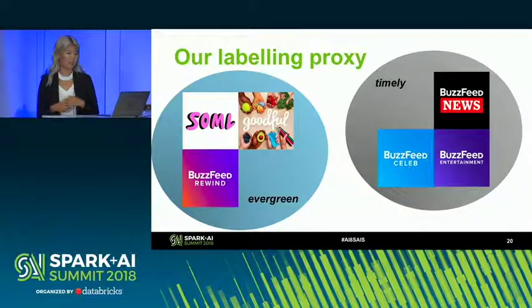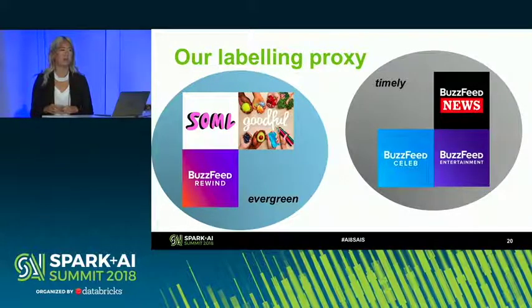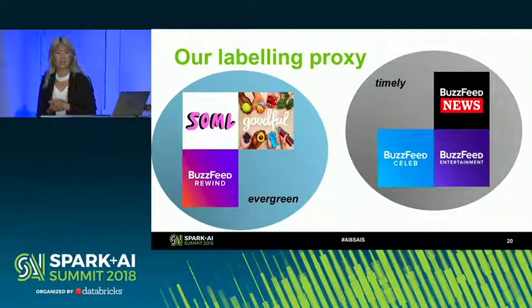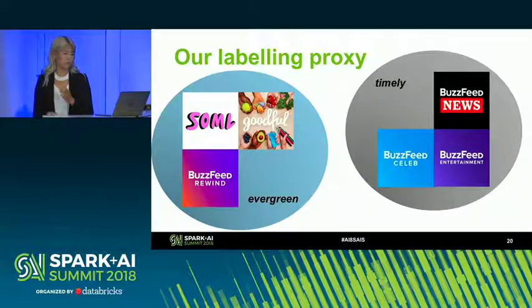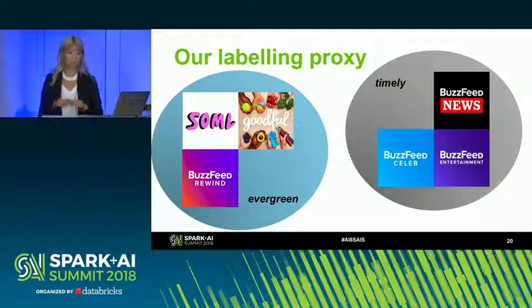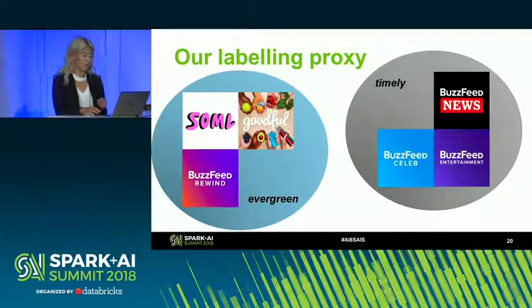The way this worked was that we handpicked social channels that we thought were more evergreen leaning, channels that tend to post more lifestyle or relatable story content or nostalgia content. And then we handpicked some channels that tend to post more political news and celebrity and entertainment news content. Everything that was posted on those channels, we labeled with a timely label. So these ended up being the two buckets we had in our training set.